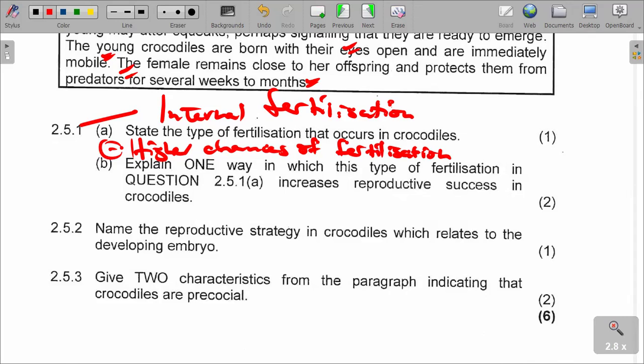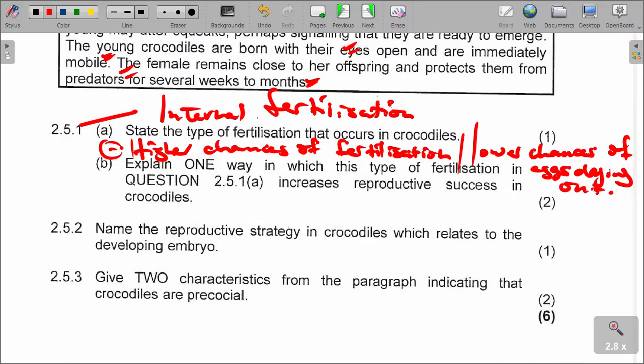And then we are saying there are lower chances of eggs drying out.